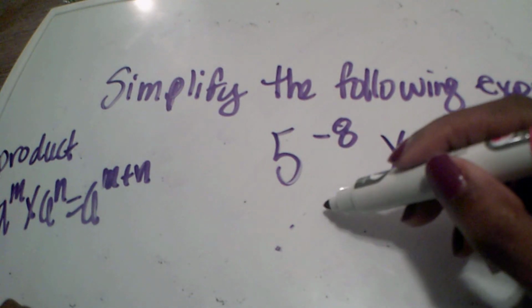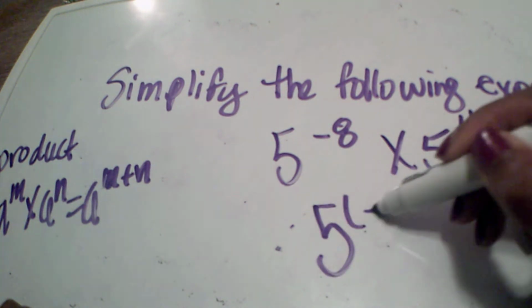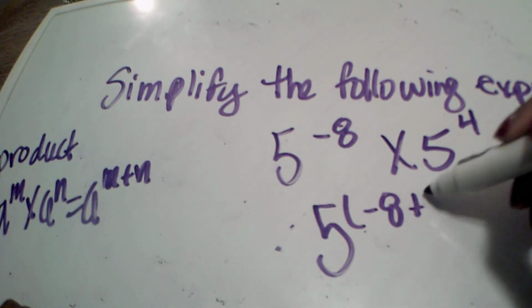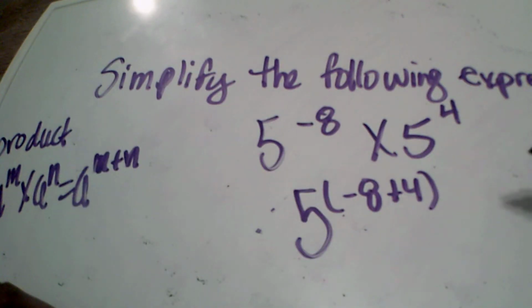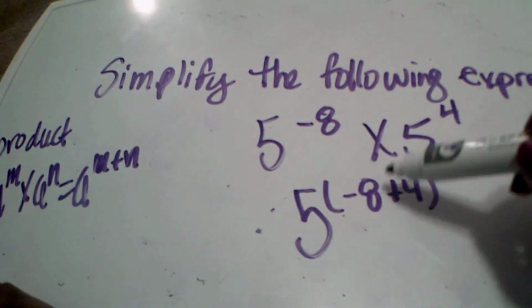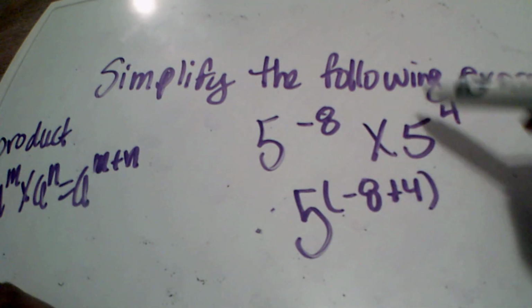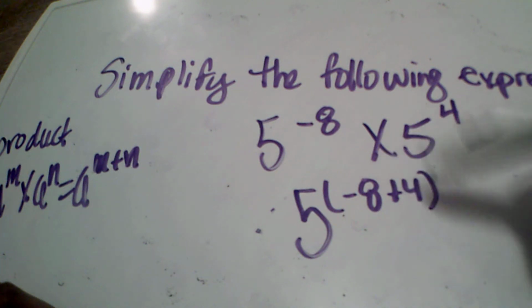So we have 5 to the negative 8 plus 4 power. Alright, so we are adding the powers. We have our negative 8 plus 4 because we have a power of negative 8 and a power of 4. Negative 8 plus 4 is what?